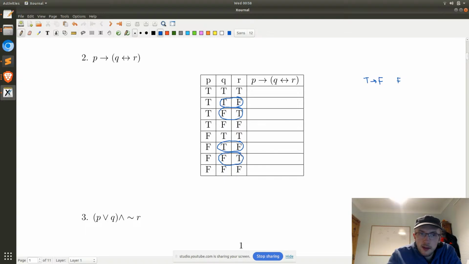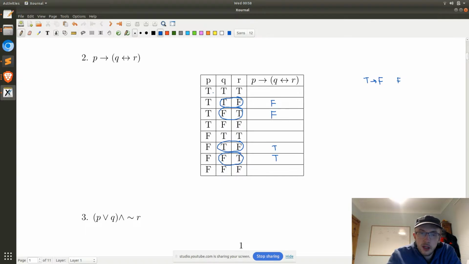So in this case, Q if and only if R is false, and there it's going to be false, but there it's false implies false, which for implication is actually true.